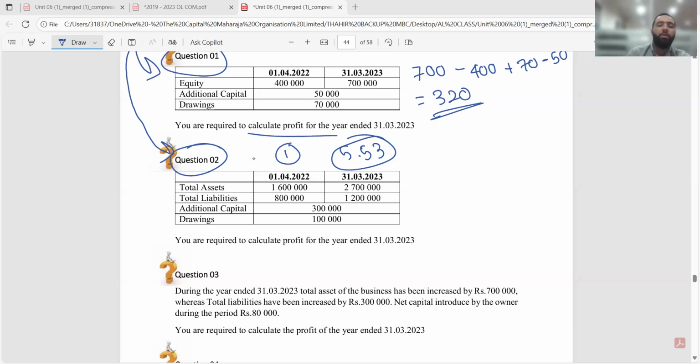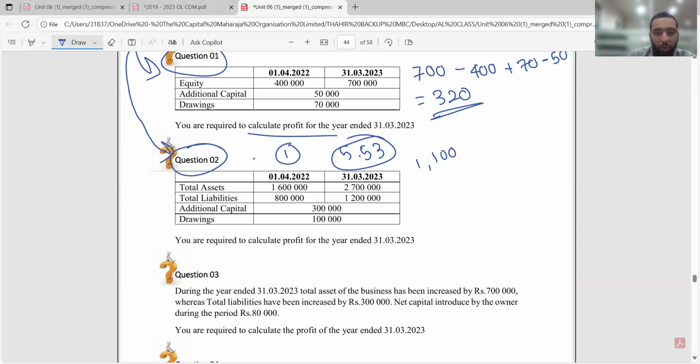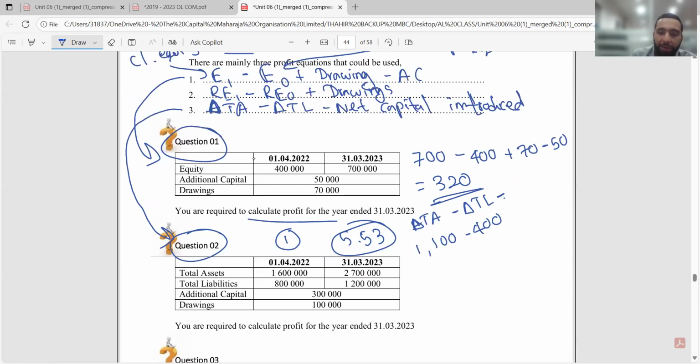Okay, the time is up. What is the change in total assets? It is 1100. And the change in total liabilities is 400. So this is the formula that you have to use: change in total assets minus change in total liabilities minus net capital introduced.